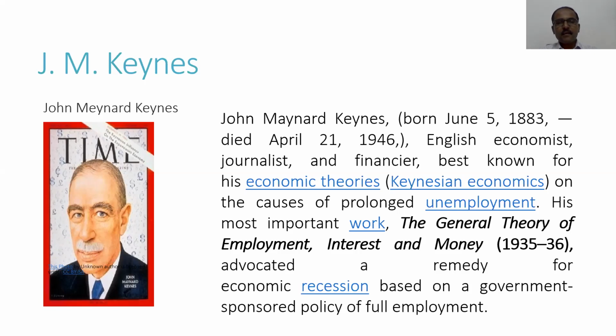The major area on which he worked is unemployment and money. So, the book which came in the years 1935-1936, shortly called the General Theory, but the actual title of that book is the General Theory of Employment, Interest, and Money, advocates various measures which can be undertaken, particularly the fiscal measures.